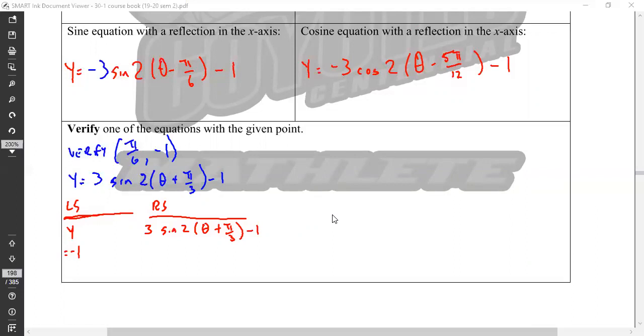If I'm verifying it at pi over 6, then x, or theta in this case, is pi over 6. So 3 sine 2 of pi over 6 plus pi thirds, minus 1. And we're going to have to do some algebra. Pi over 6 plus pi thirds is pi over 6 plus 2 pi over 6.